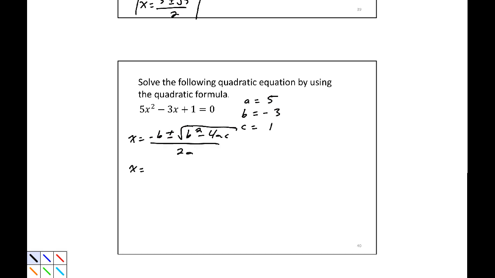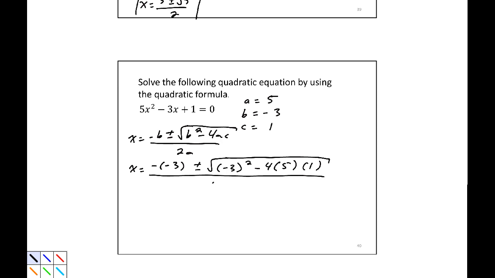So that means the opposite of negative 3 plus or minus the square root of negative 3 squared minus 4ac, over 2 times 5. So that's positive 3 plus or minus the square root of something divided by 10. So that would be negative 3 squared is 9 minus 20. That is negative 11.